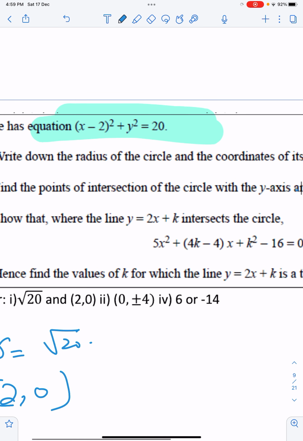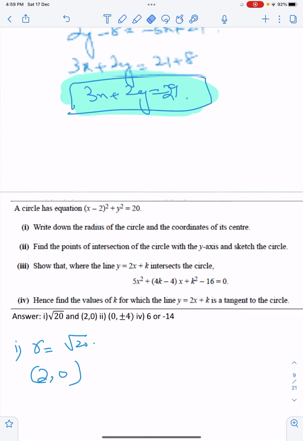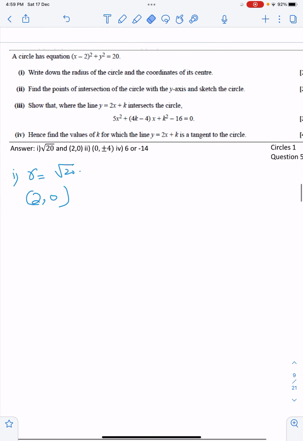Why? Because if you make this bracket equal to 0, you get the x coordinate of the center, and y equals 0, because this bracket is actually (y minus 0) the whole square. So the first part is done.